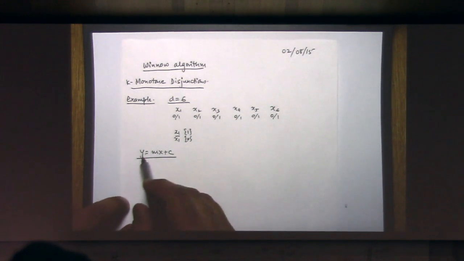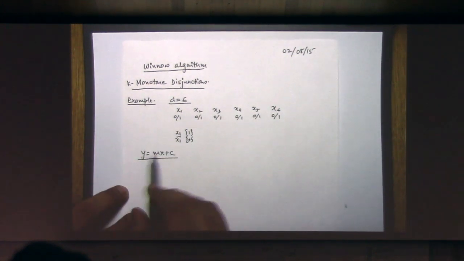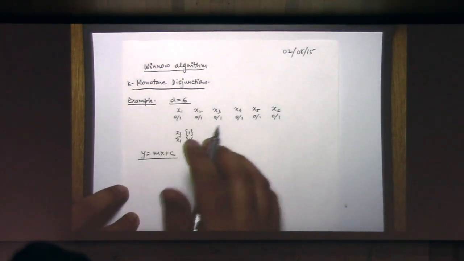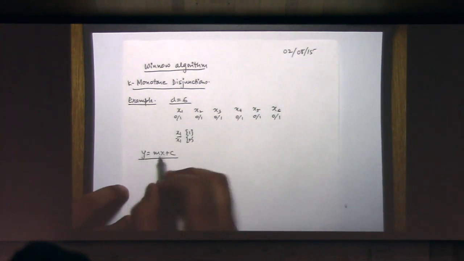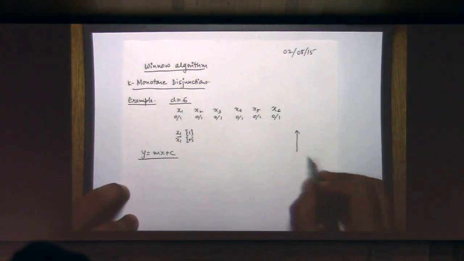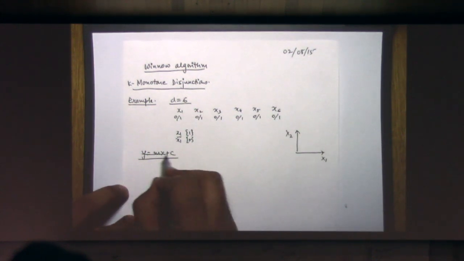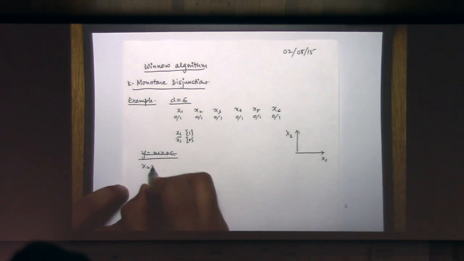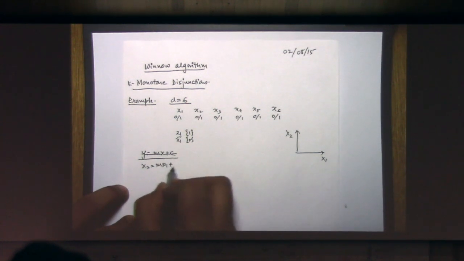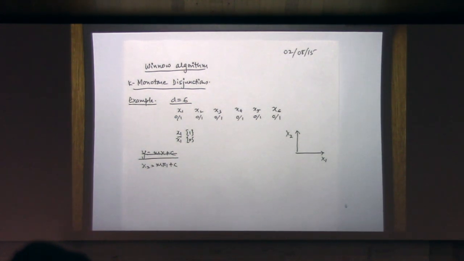In our case, just to keep it consistent with what we have seen so far, we are going to denote our axes not by x and y, but by x1, x2. So we can write it as x2 equal to mx1 plus c. That's one way to write an equation of a line.